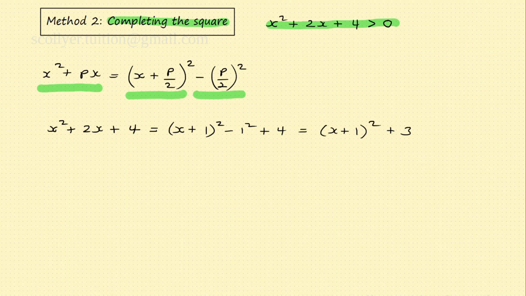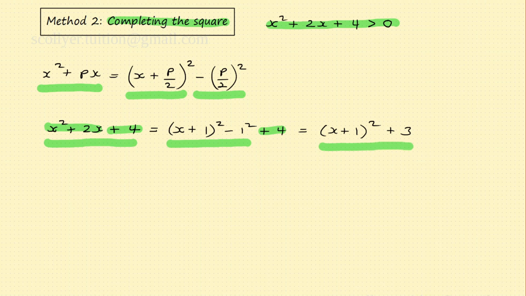So when we rewrite x squared plus 2x plus 4 in completed square form, we get (x plus 1) all squared minus 1 squared from the first two terms, plus 4 from the remaining term, and this simplifies to (x plus 1) all squared plus 3.